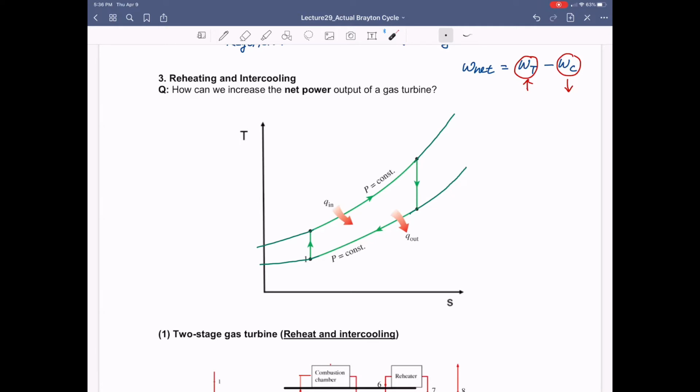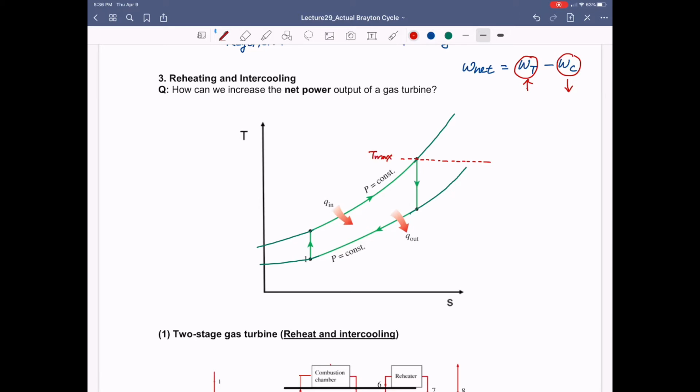On the right hand side, the bigger gap is better because we can have more power output from the turbine. Okay. So then let me just write one more line, which is a kind of design restriction. So we don't want to exceed the maximum temperature bigger than this value. So that is T max.